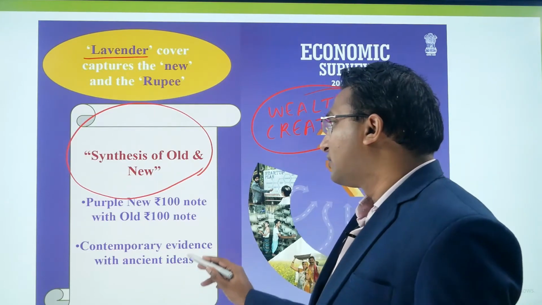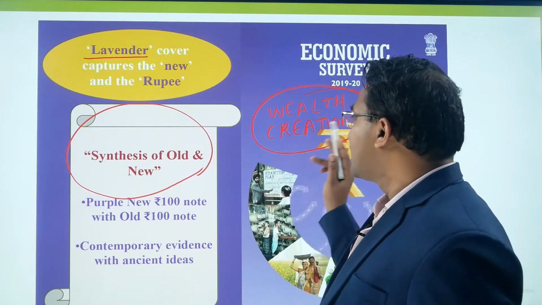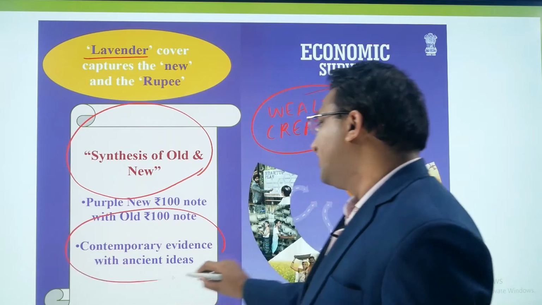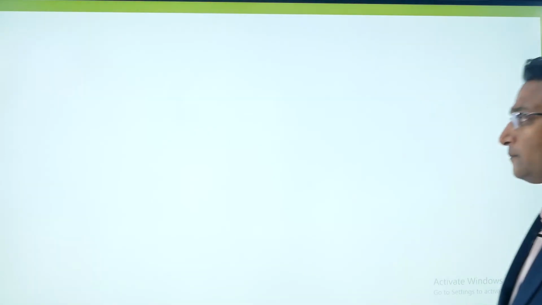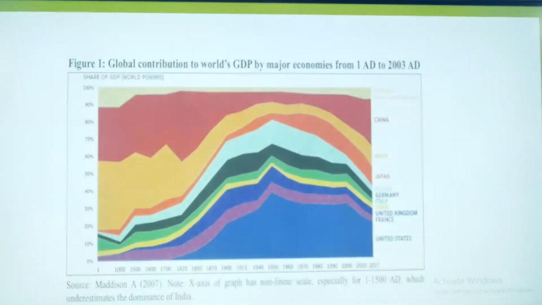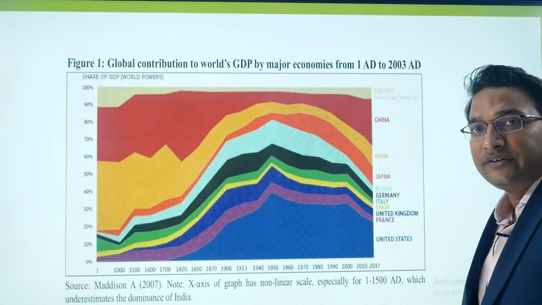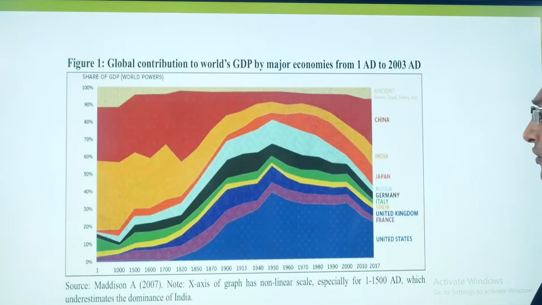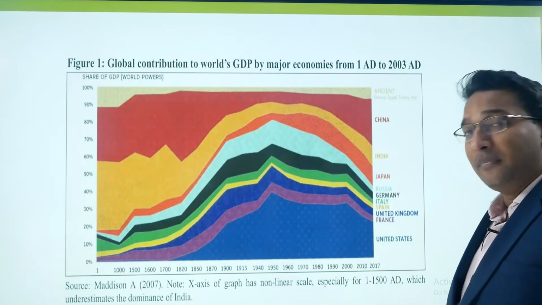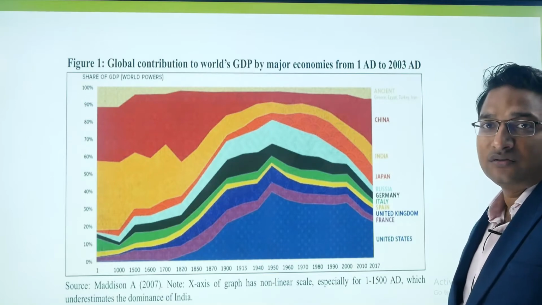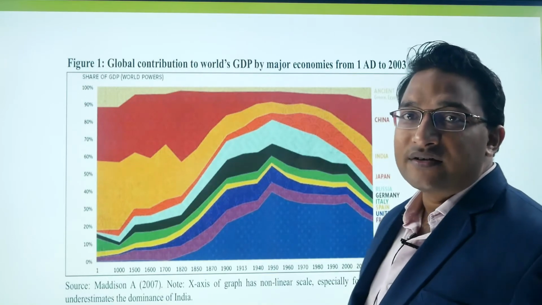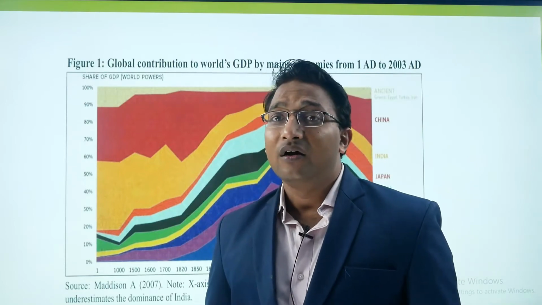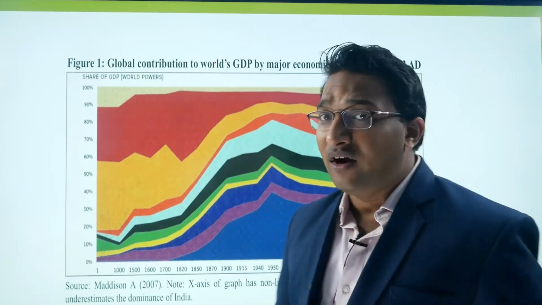And the theme of this year's Economic Survey is wealth creation. The color is lavender, and it shows the contemporary evidence with the ancient ideas. Now, this is a very important diagram, and this diagram you must remember during your entire preparation, because this diagram represents the importance and the contribution of different world economies in the world economy.